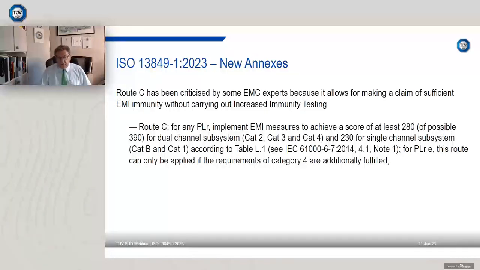The measures are scored, so this approach is the same approach as used in Annex F for common cause failure. And we take the scores for the measures that we can claim to have applied, we add up the scores, and the maximum possible is 390, but if we've got a dual channel system, we have to have scored 280, and then it says there are some other things in there as well, as you can see, but then it tells us that we have achieved the required level of immunity without doing any additional enhanced testing.